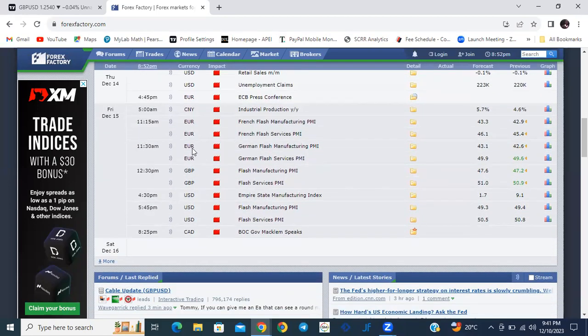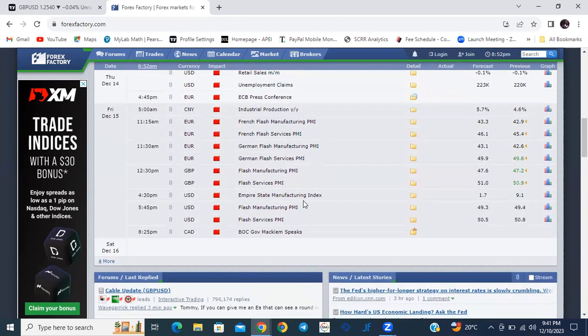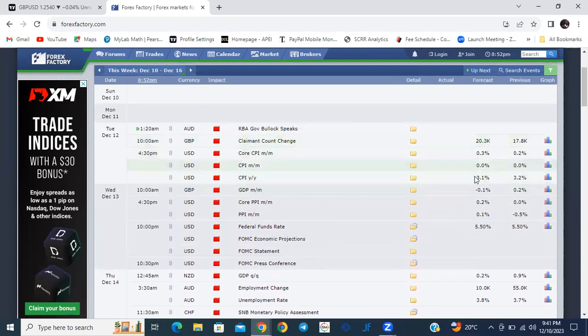Then we shall be having the PMI for the USD on Friday. On Friday, it's all about the PMIs: Euro, GBP, and then we shall have USD PMI. So like I've always said, when trading news, it's good to wait for the actual so that you can determine whether this news is going to strengthen or weaken the dollar, or the currency, whichever currency the news represents, maybe the GBP here.